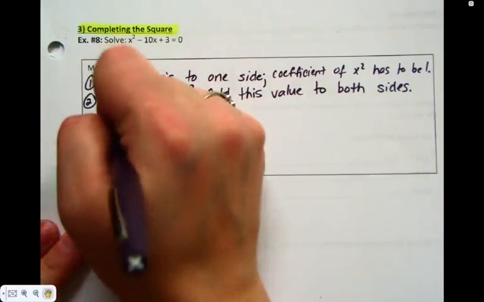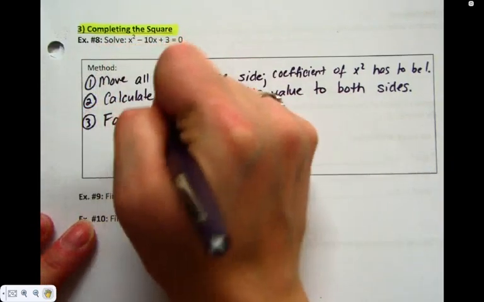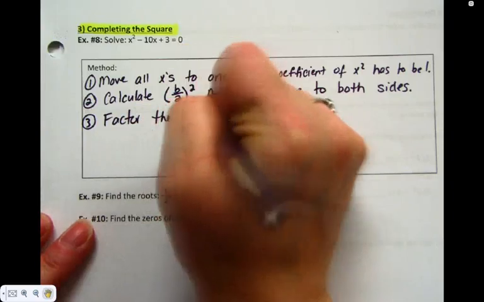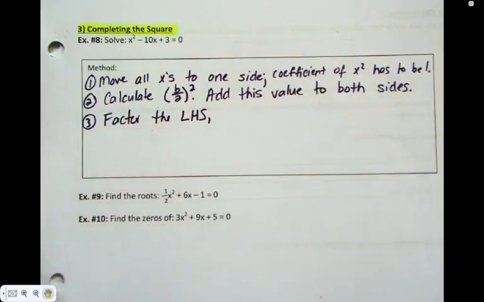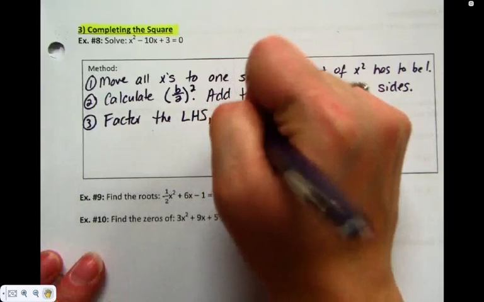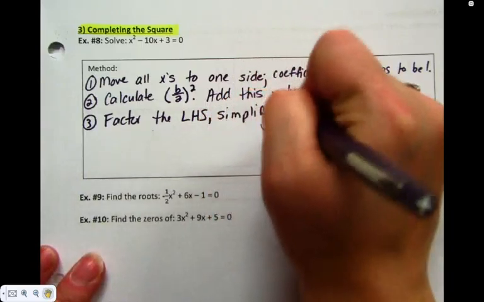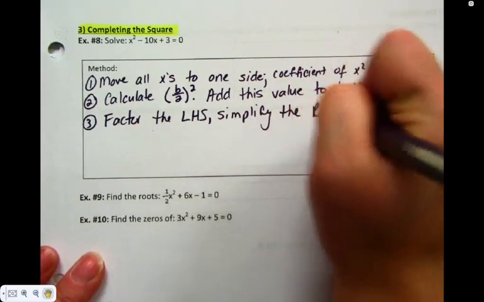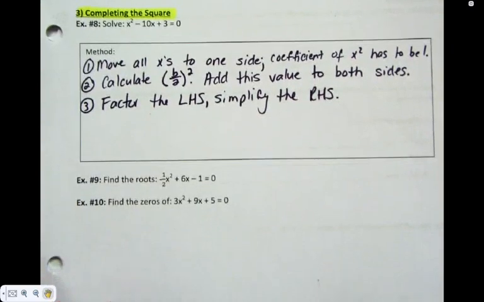Step 3, factor the left-hand side. If you don't like my abbreviation there, write out left-hand side. Comma, simplify the right-hand side. Yep, that's whatever makes sense in your head. Factor the left-hand side, simplify the right-hand side.